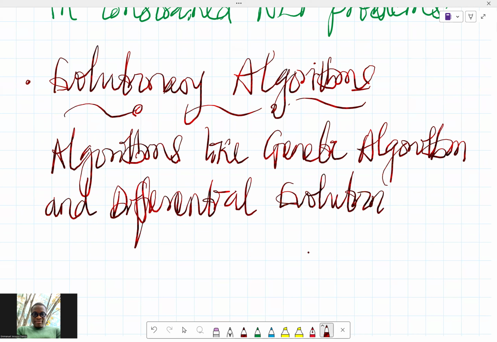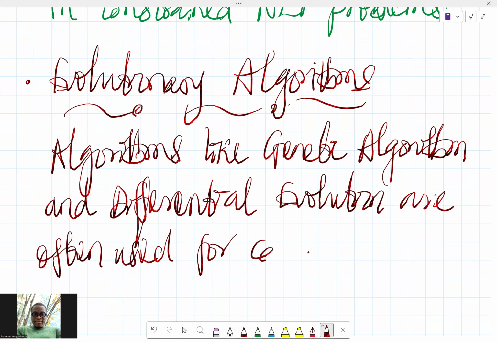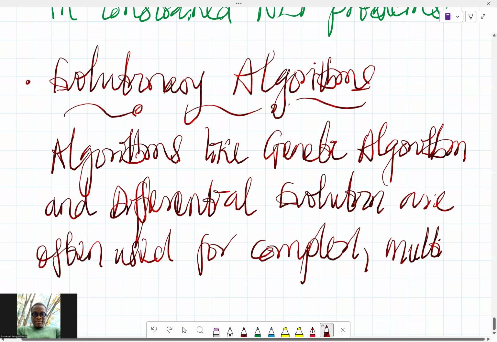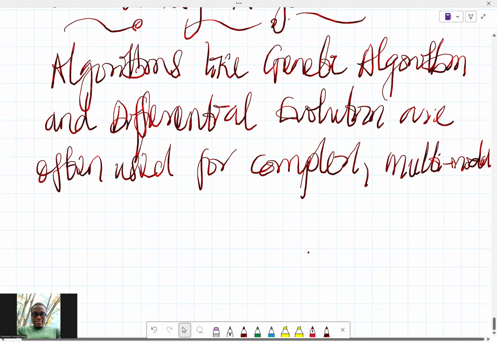Algorithms like genetic algorithm and differential evolution are often used for complex multimodal NLP problems.